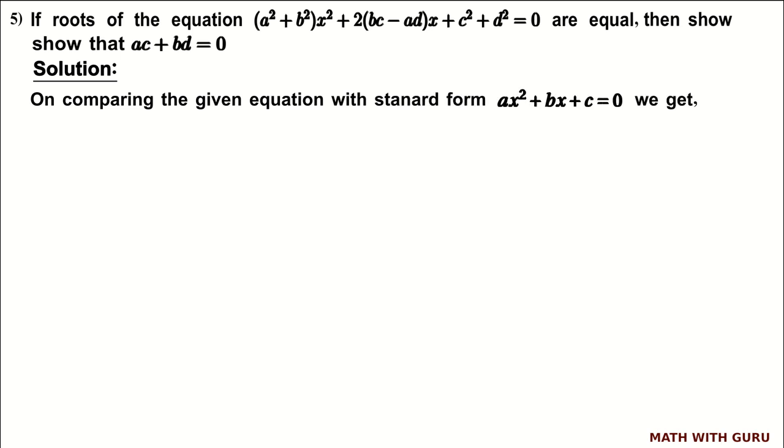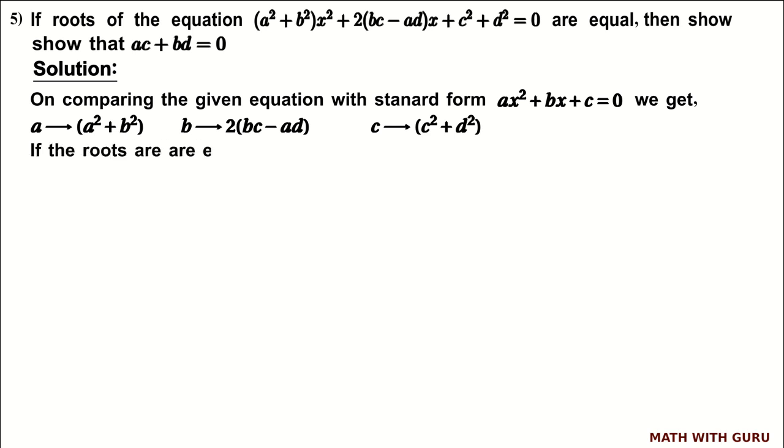On comparing the given equation with standard form ax squared plus bx plus c equals 0, we get a is a squared plus b squared, b is 2 into (bc minus ad), c is c squared plus d squared.